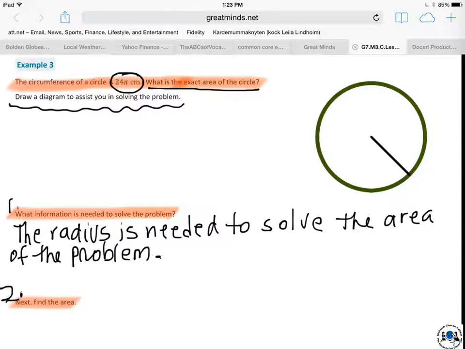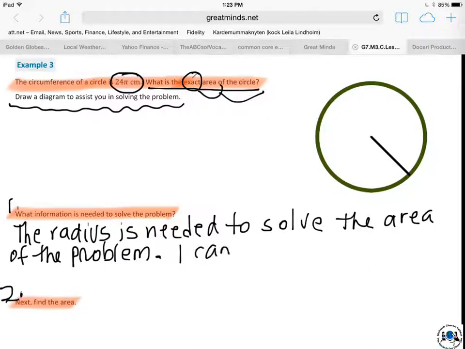Okay, so that's because we're asked it right here. Our question here is what is the exact area of the circle. Okay, so I need that radius. It is the thing that I need more than anything. Okay, that's all I need.